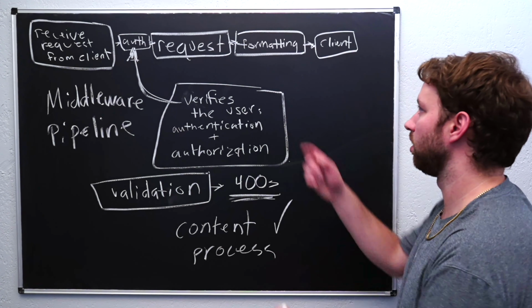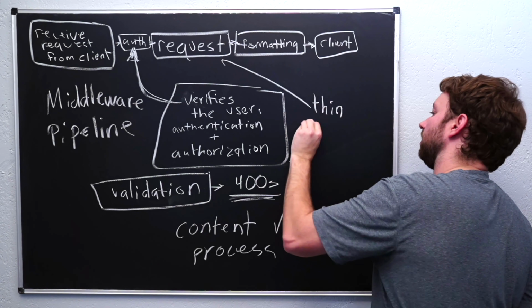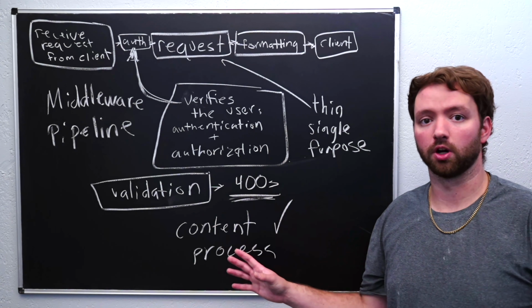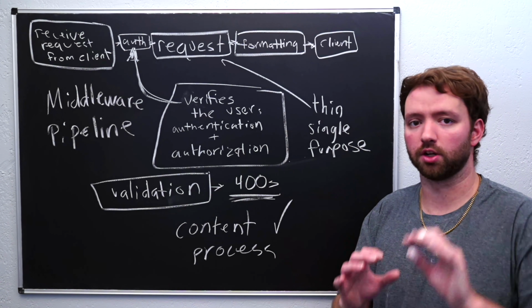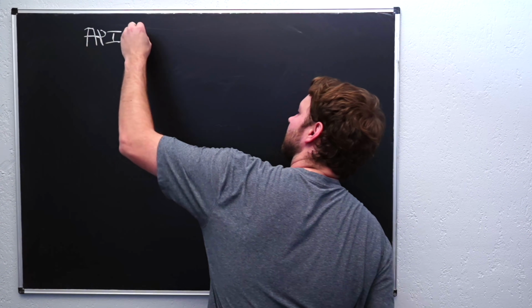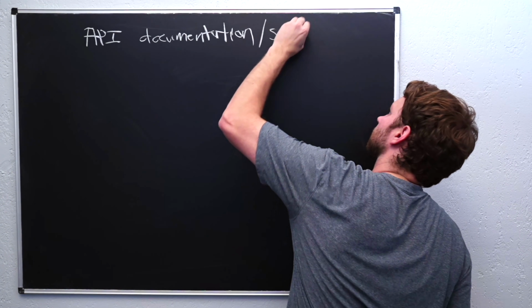So this allows our core processing logic to be very thin and single focused, basically. So it's a very nice way to organize and structure our code, and then we don't have to repeat logic in every single function. Very, very important.